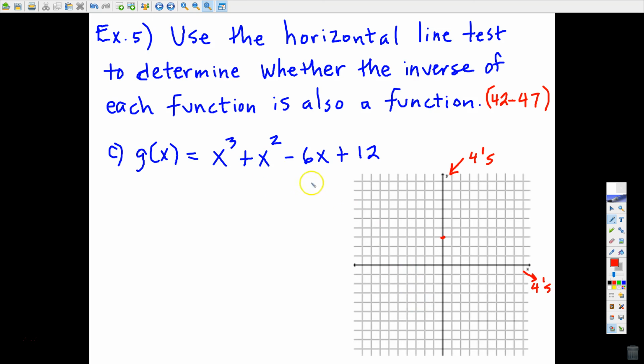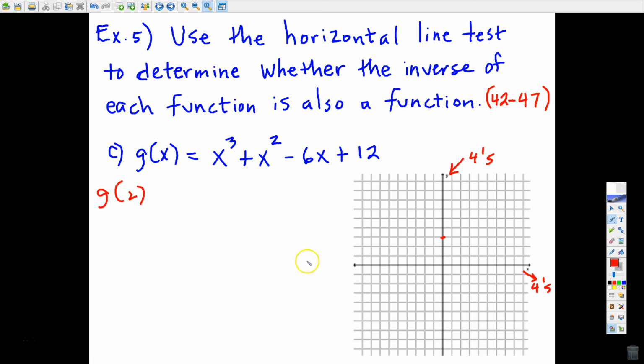All right, I'm going to give you a little work. Let's input 2. If I input 2 into this, in other words, do g of 2, what's the output? Or if you want to use synthetic division, you could do that as well. 12?